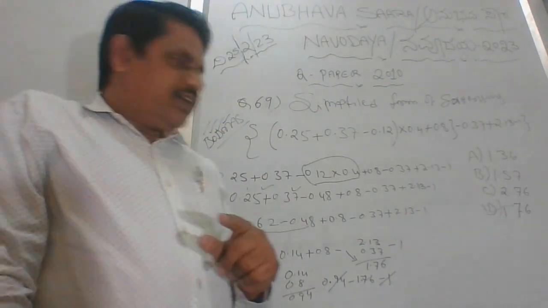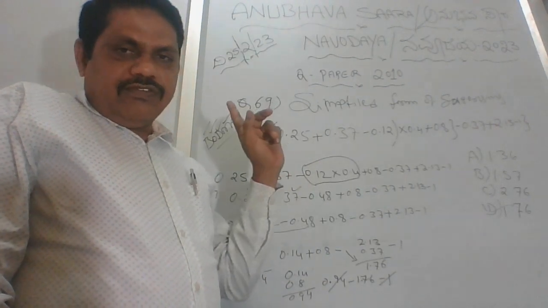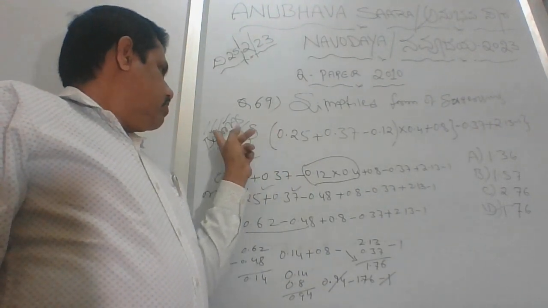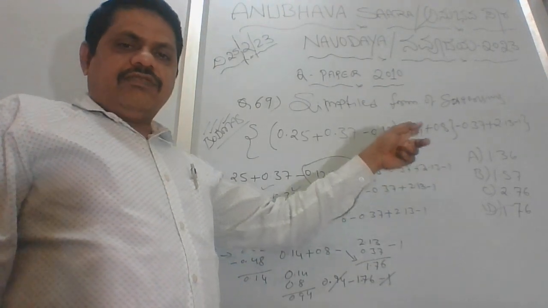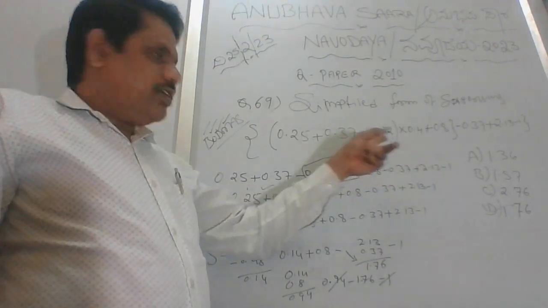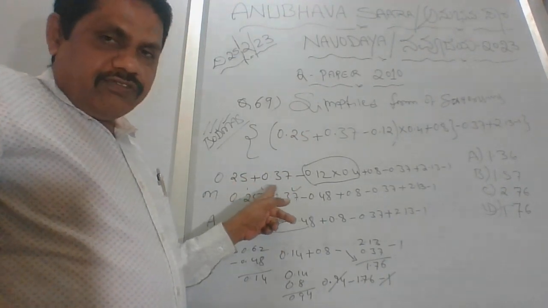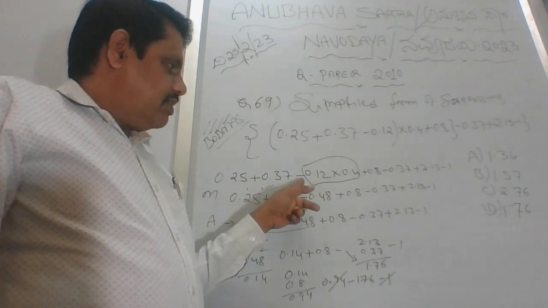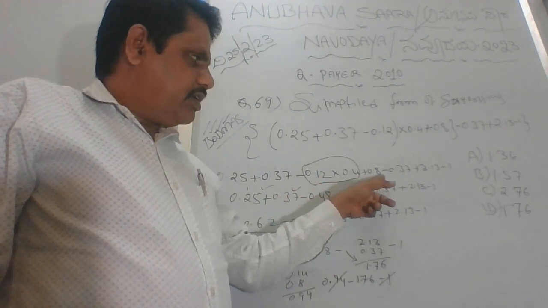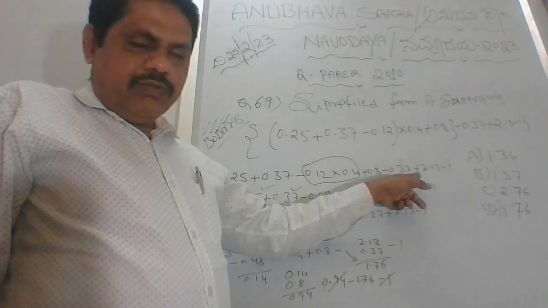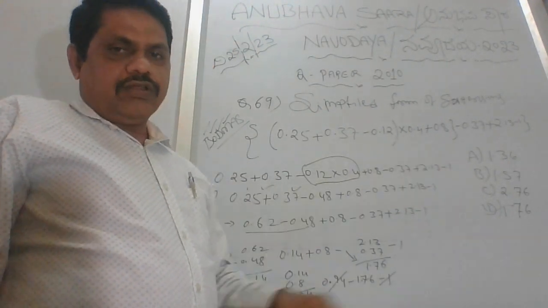Like, let me explain once again. Okay, we were following the BODMAS. Bracket we have removed. We don't have a division symbol. Then we are going with the multiplication. 0.25 plus 0.37 minus 0.12 multiplied by 0.4 plus 0.8 minus 0.37 plus 2.13 minus 1.